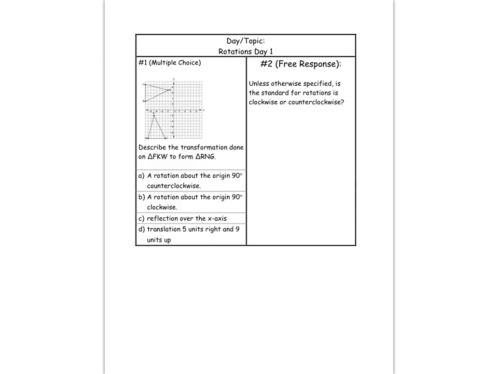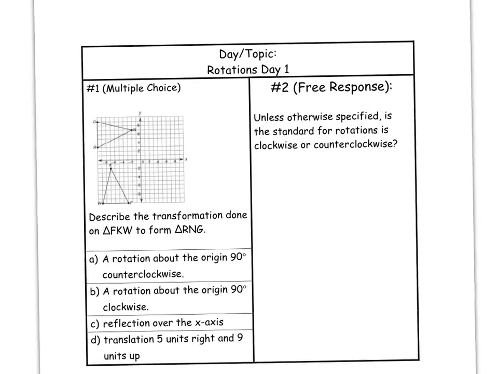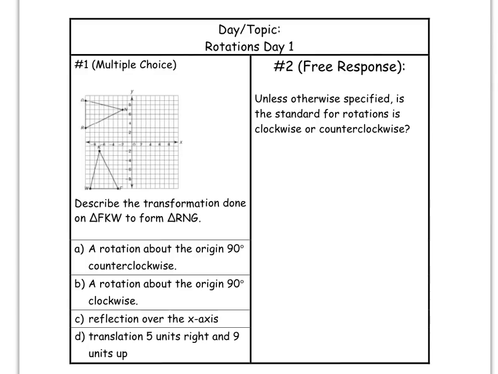Okay, so now it's your turn. Here are the 2 Google form questions. Sorry, I will try not to rotate it. Describe the transformation done on triangle FKW to form triangle RNG. FKW is our pre-image, RNG is our rotated image.